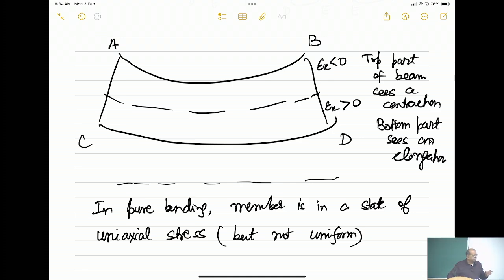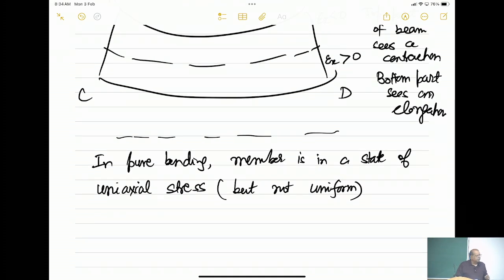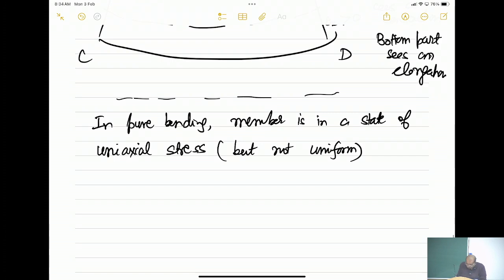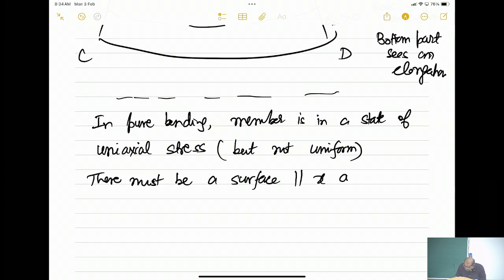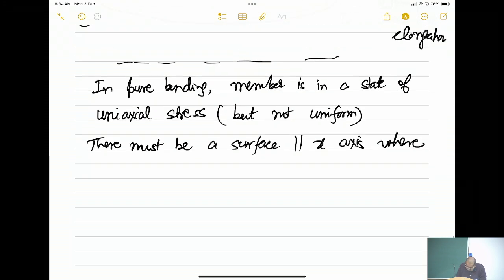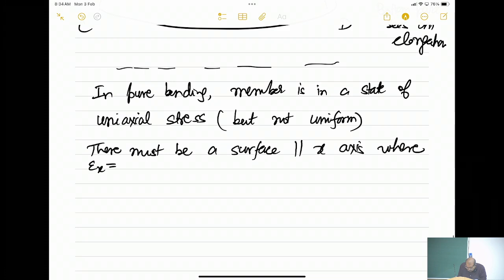Okay? Is that fine? So now what we show is that there must be a surface parallel to x-axis where epsilon x is 0. We had epsilon x which was negative on the top part, positive in the bottom part.